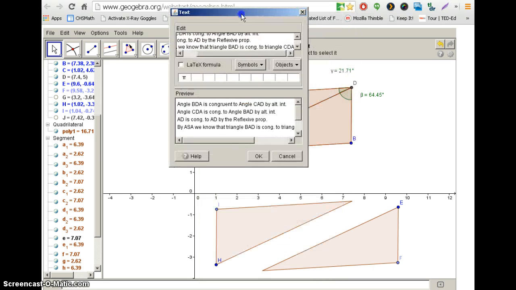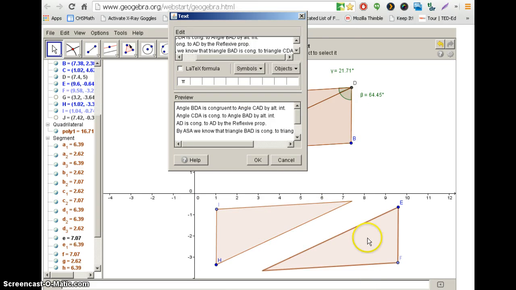All right, so if we proved that these two triangles are congruent, well, what do we know? We know then, this is where it gets kind of good, because we can prove, therefore, CD is congruent to BA by CPCTC.